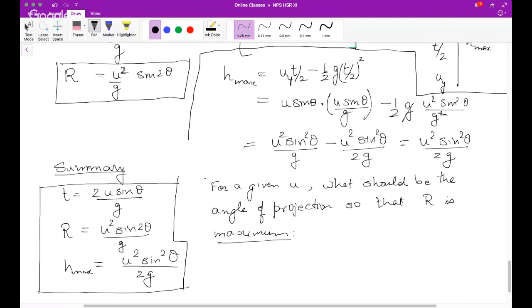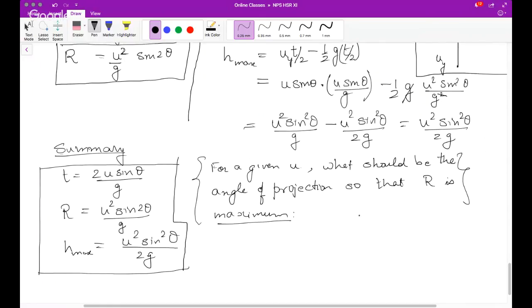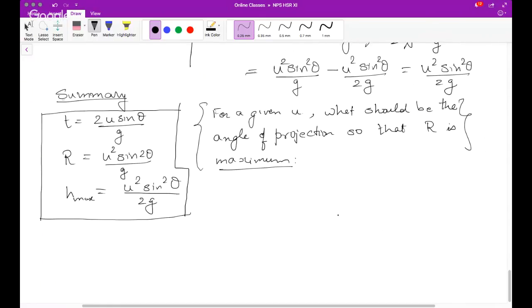We can either use concepts of calculus, or you don't even need calculus to find out. Let us first analyze R. The relationship was R equals u square sine 2 theta upon g.